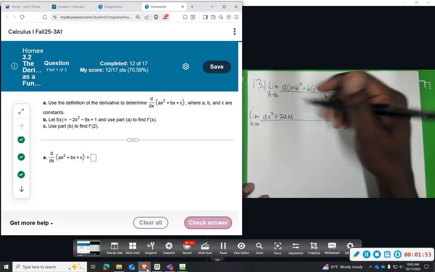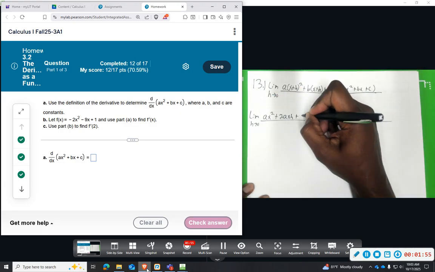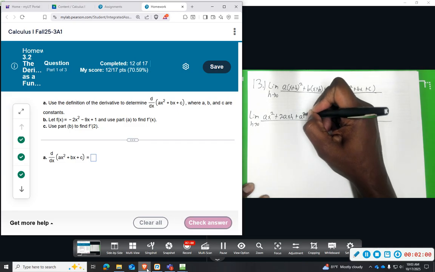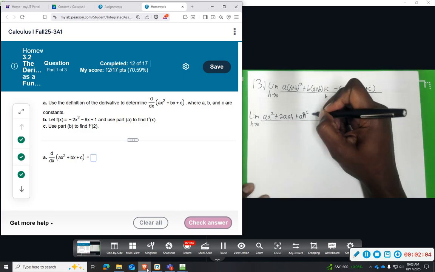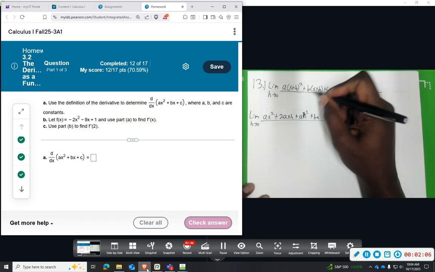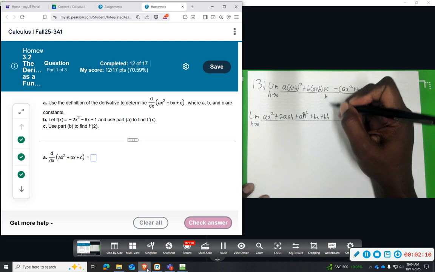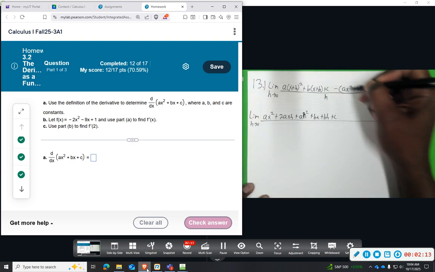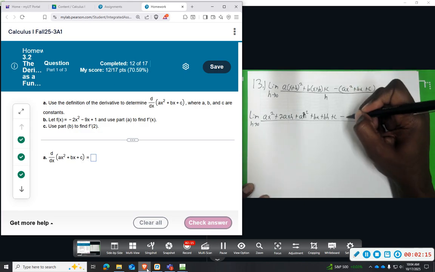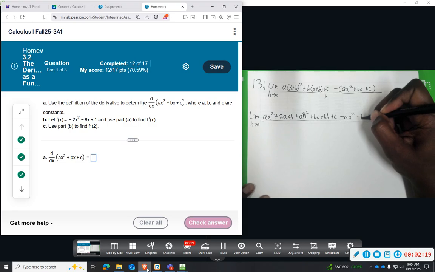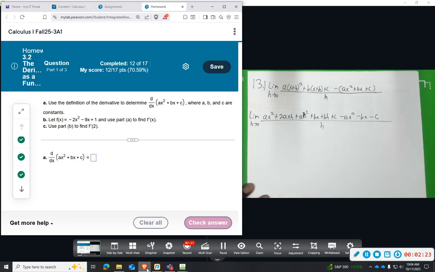And then it'll be plus a times h squared, a times h squared. And then plus bx plus bh plus c, distribute the negative, so minus ax squared minus bx minus c, all over h.